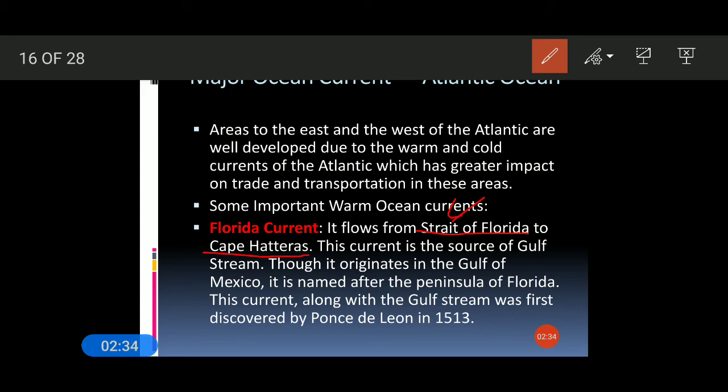Its source, we can say, is the source of the Gulf Stream is the Florida current. Though the Florida current originates in the Gulf of Mexico, it is named after the peninsula of Florida. So this current along with the Gulf Stream was first discovered by Ponce de Leon in 1513. This is important. Ponce de Leon.